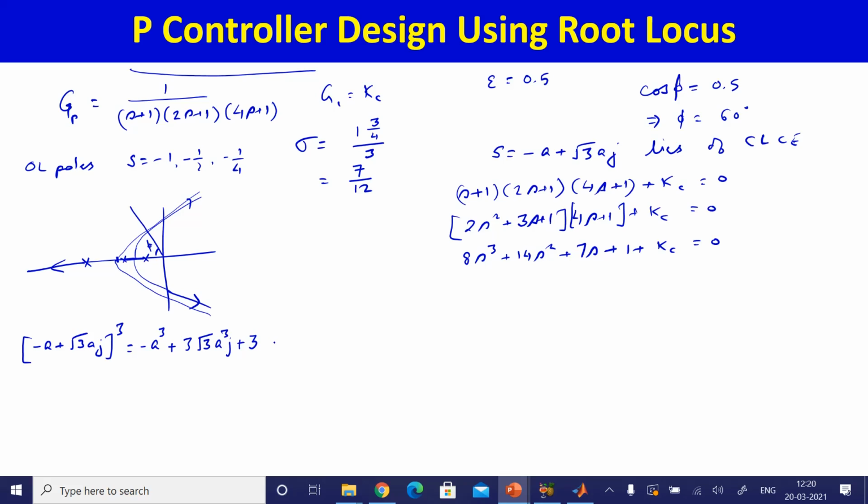Square root 3a square, that will become a cube, there's a minus sign there, and j square is another minus, so that minus minus plus, so this is fine.